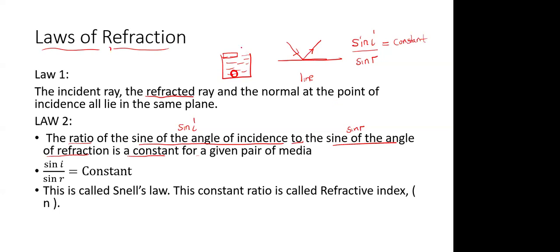Master, yes. Here I'm saying that they are saying Snell's law, you remove the word constant and it's called refractive index. Am I clear, sir? Pardon? Here I'm seeing this is called Snell's law, and this constant is called refractive index.